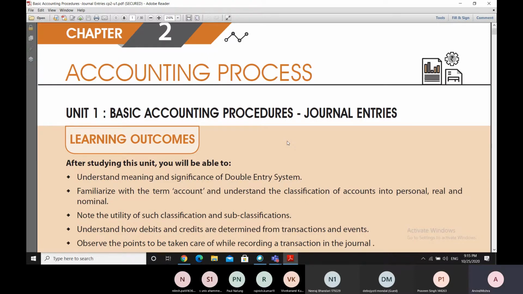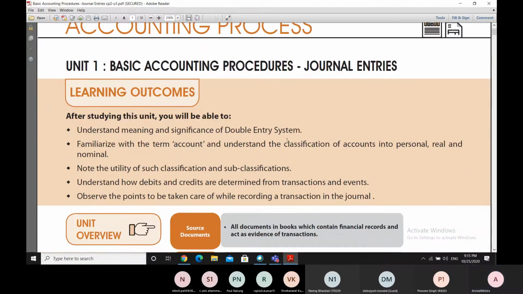After studying this unit, you'll be able to understand what the double entry system means, its significance, and how important the double entry system is to bookkeeping. You'll also be able to familiarize yourself with the term account and what it stands for.